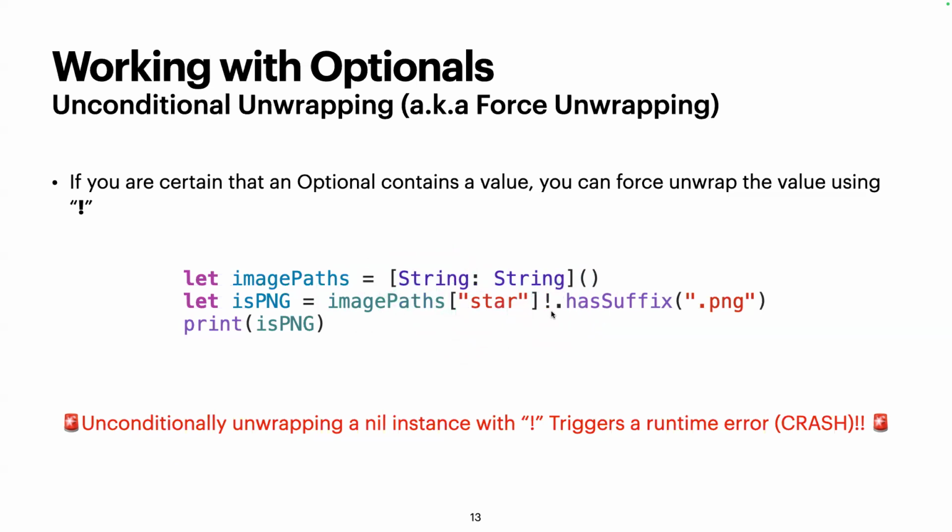Unwrap it for me. But with doing this, if this is nil, your program will crash because you can't call this method on something that's absent or is nil. So we suggest you not to use this unless, let's say, you declare something right before it and it has a value, and you are 100% certain that whatever you're trying to unwrap is not nil.